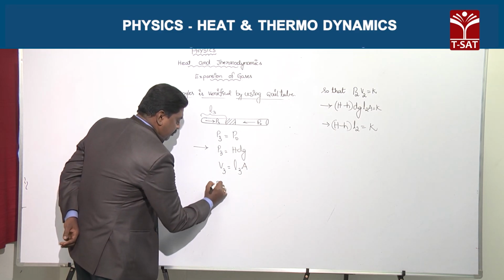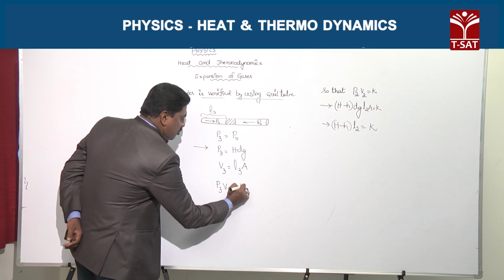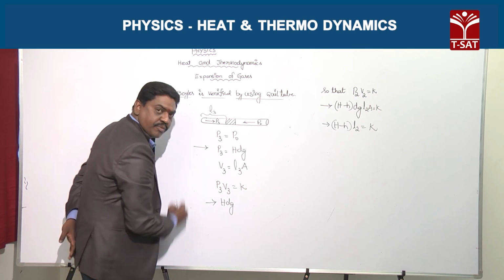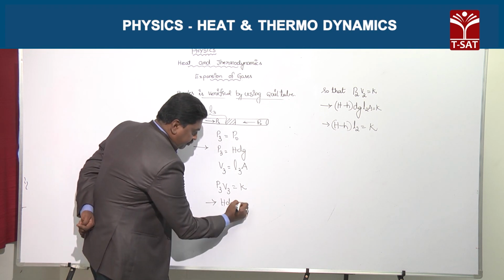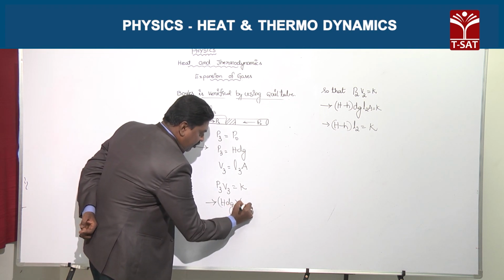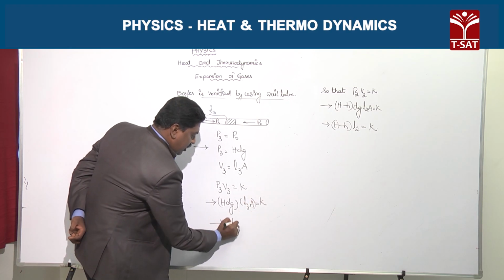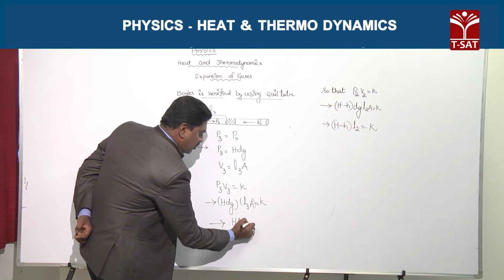From Boyle's law, P3 into V3 is equal to constant, implies H dg into L3A is equal to constant, implies H into L3 is constant.